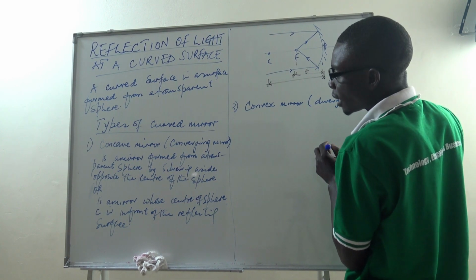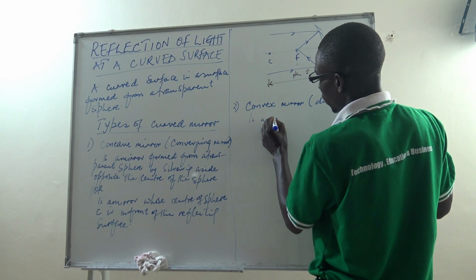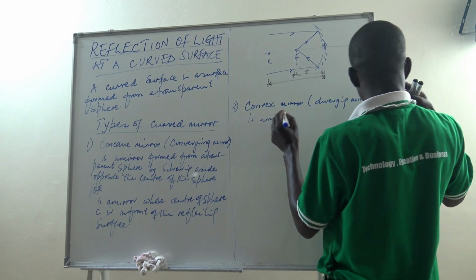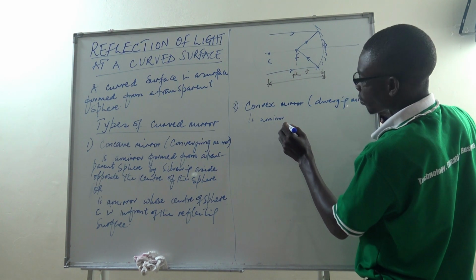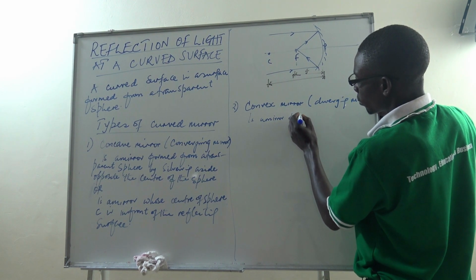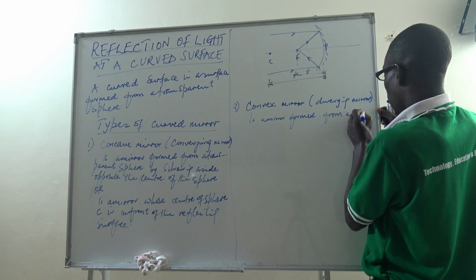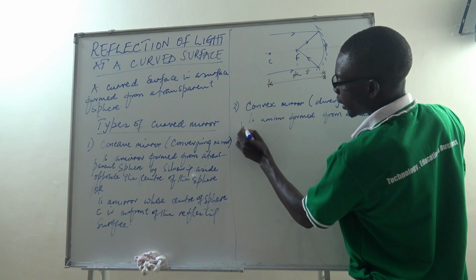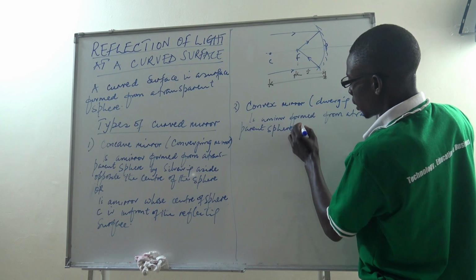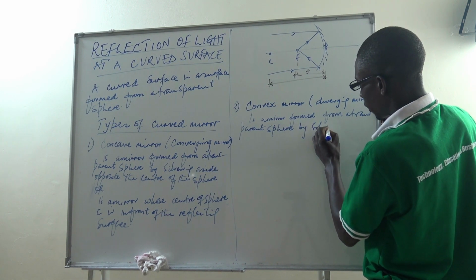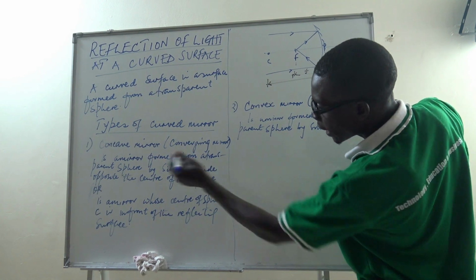This one, in simple understanding, you can say is a mirror formed from a transparent sphere by silvering the side.